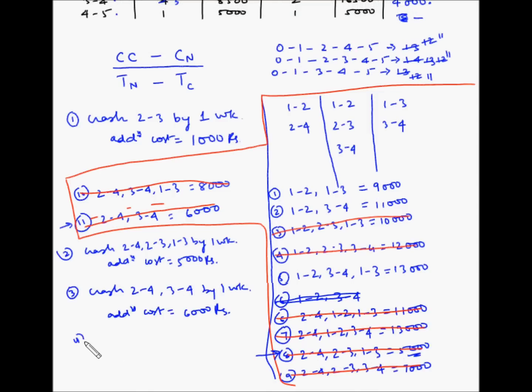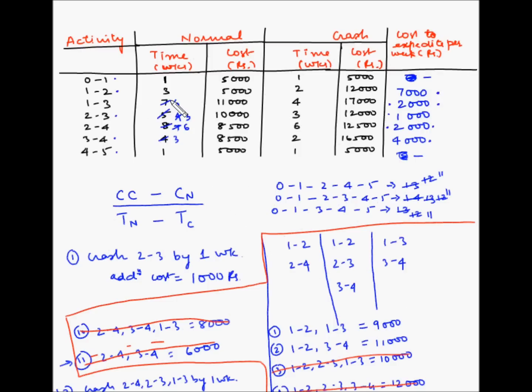So the fourth crashing is crash 12 and 13 by 1 week. So the additional cost is equal to 9,000 rupees. So now this becomes 2, this becomes 5, and these become 10, 10 and 10.